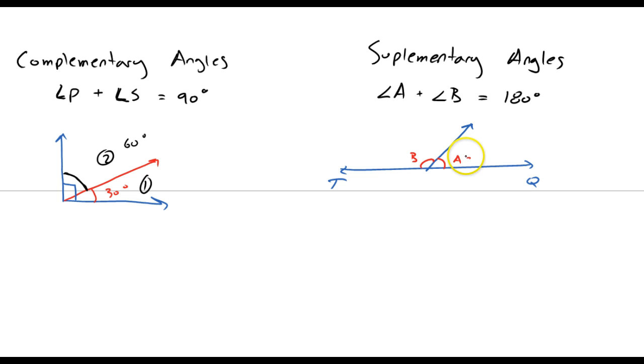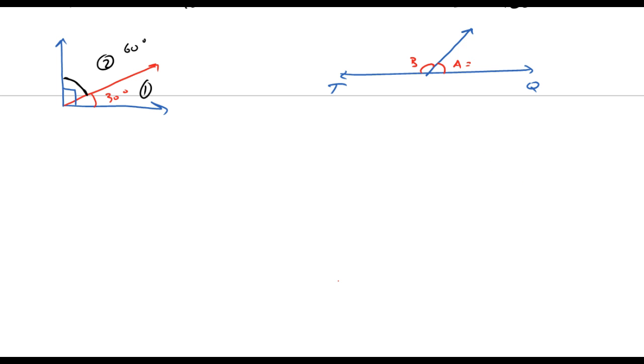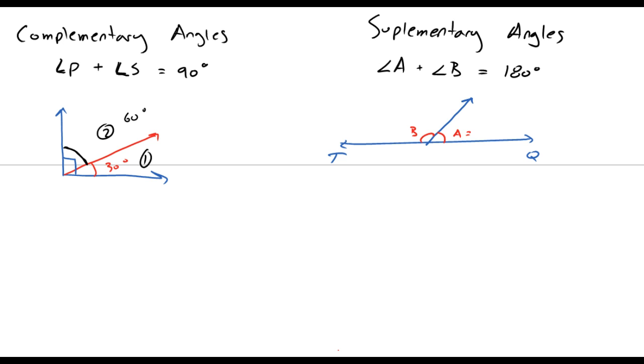So if angle A was 60 degrees, then angle B would be 120 degrees over here. So those are supplementary angles.